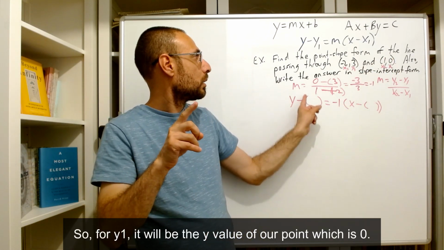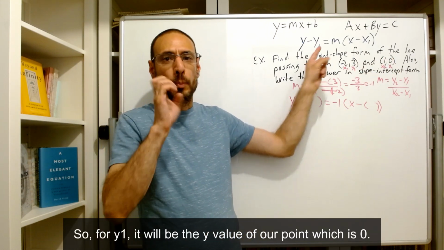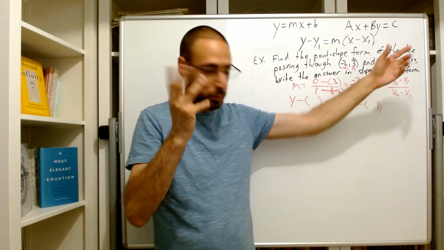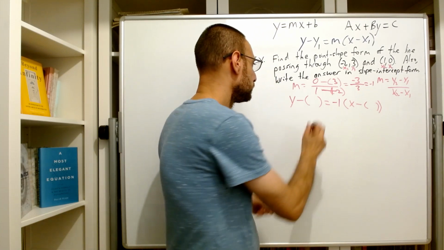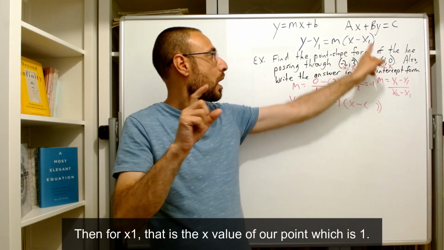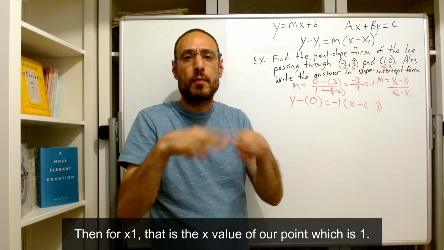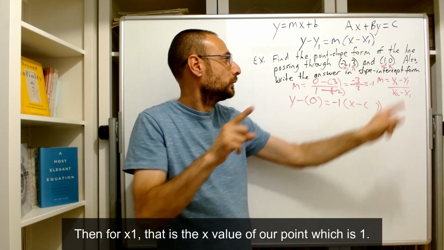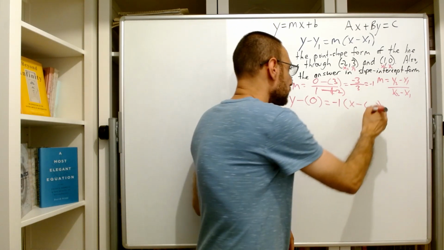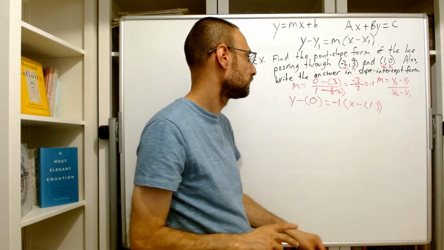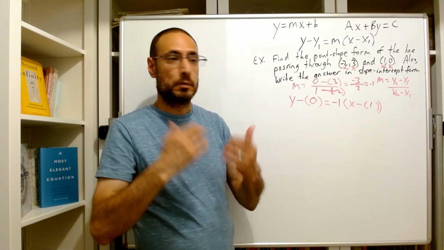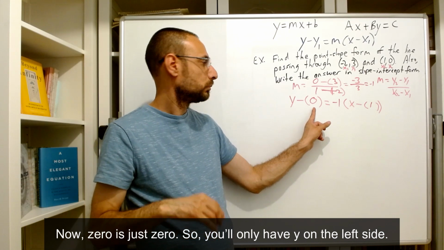So, for y sub 1, it will be the y value of our point which is 0. Then for x sub 1, that is the x value of our point which is 1. Now, 0 is just 0.